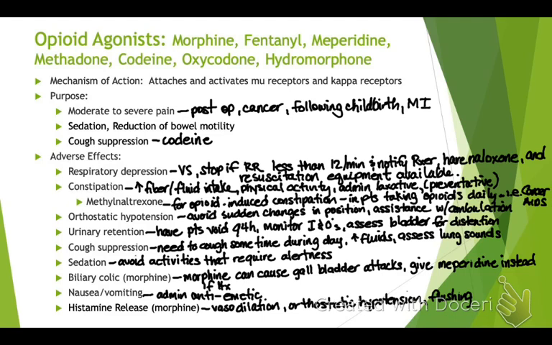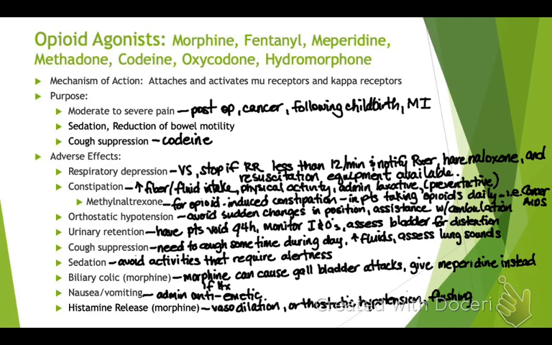You want to notify the prescriber and have naloxone and resuscitation equipment available and nearby the patient, because we need to be able to reverse the effects, and that's what the naloxone will do. It will reverse the effects of the opioid, so you want to have that available if the respiratory depression becomes too severe.